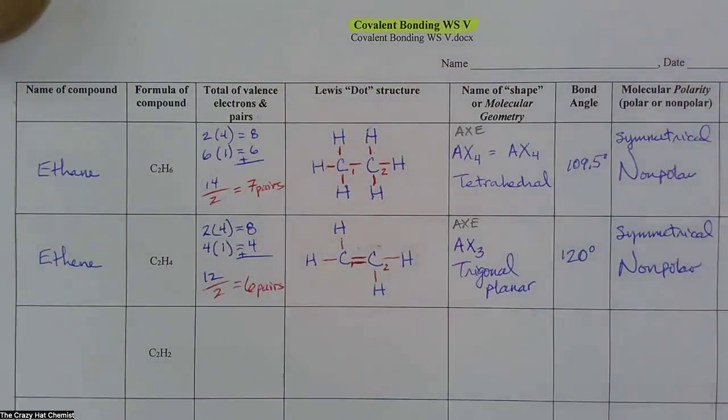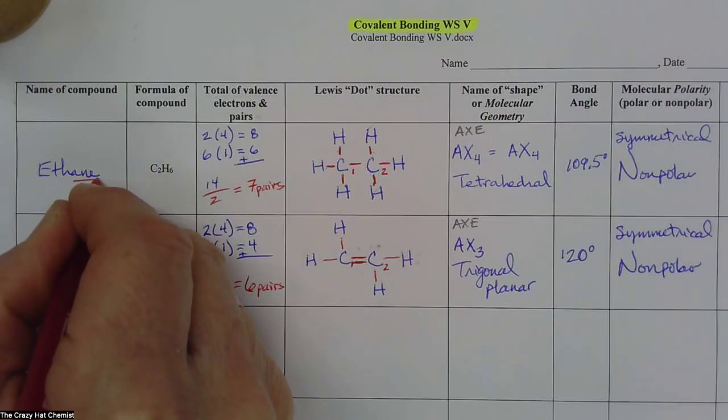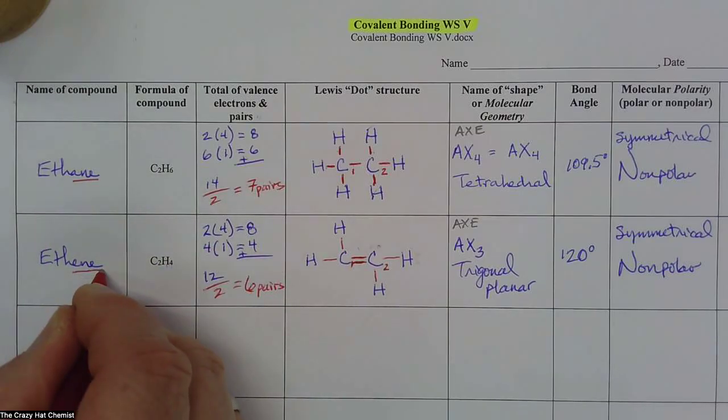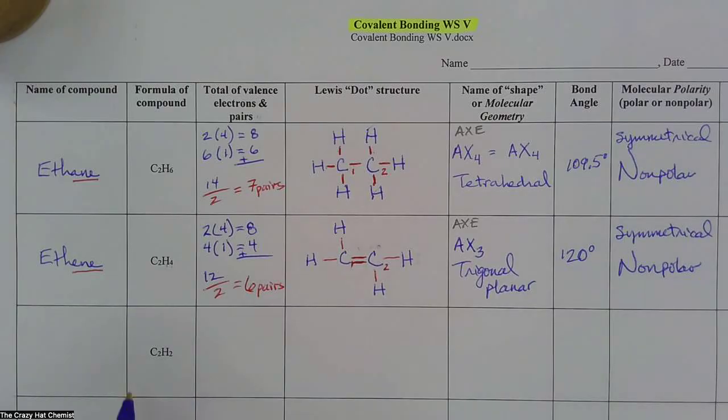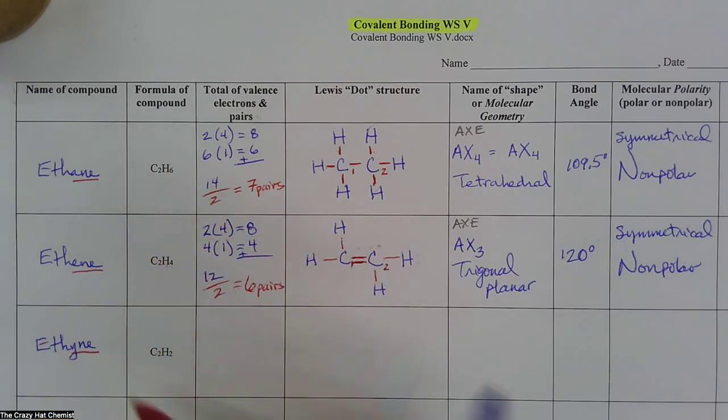All right, I'm going to point out something here, and we're going to go for the next one. We have ethane, ethene, and then this next one, C2H2, is ethyne. So ethane, ene.